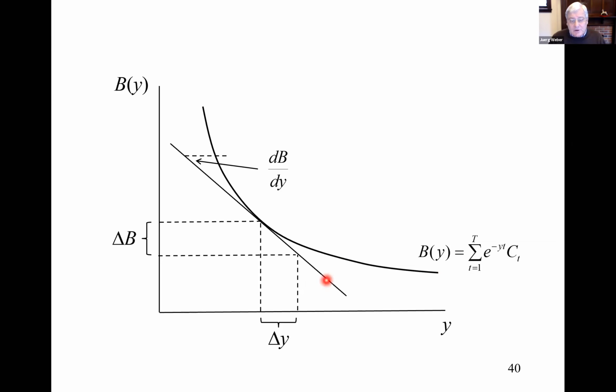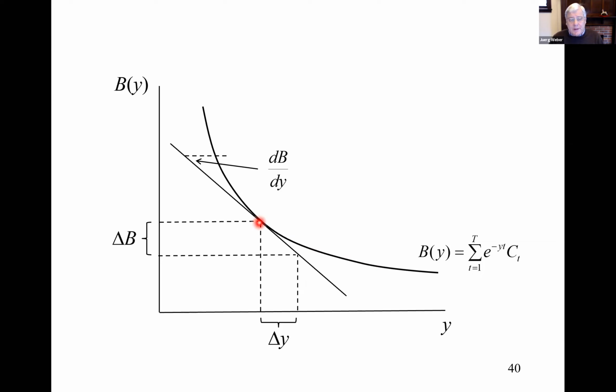Now what I would like to do is calculate the change in the price of the bond if the yield changes. And I would like to do it at this point here. So the correct answer is naturally to move along this nonlinear function, but we will do an approximation.